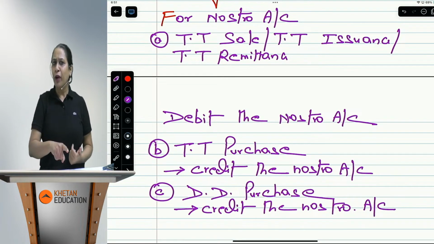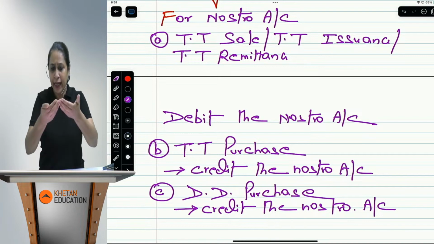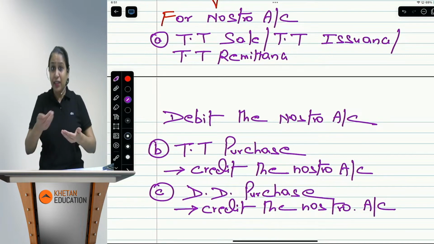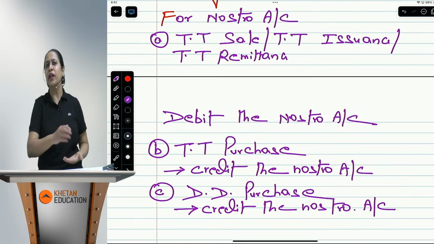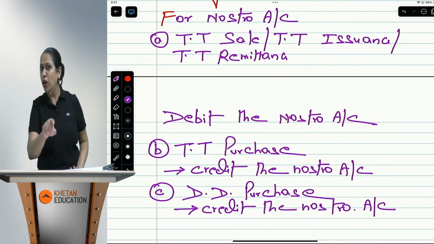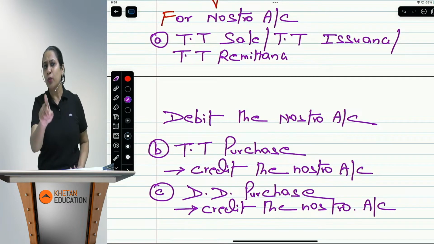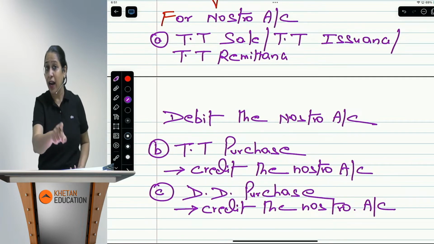He will go to Citibank, give $100, get the DD couriered to me. I will present that DD to SBI. SBI will give me 100 into 83. But did you not see that $100 was first deposited there and hence credit immediately?